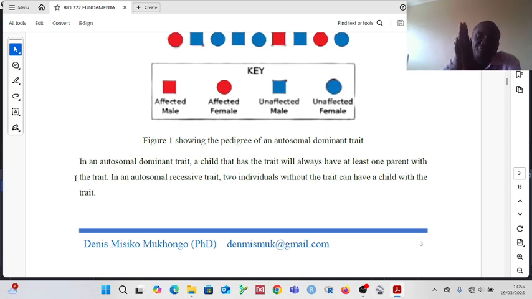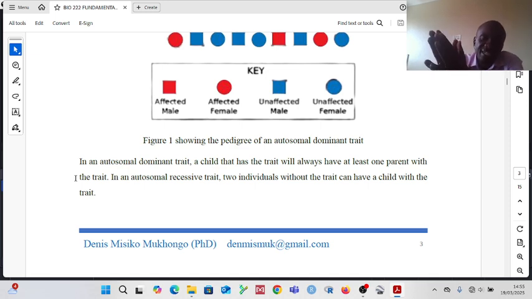But if you are talking of an autosomal recessive trait, then it is possible that 2 individuals who don't have that trait can have a child with the trait. How is that possible? It just means the 2 individuals were heterozygous.